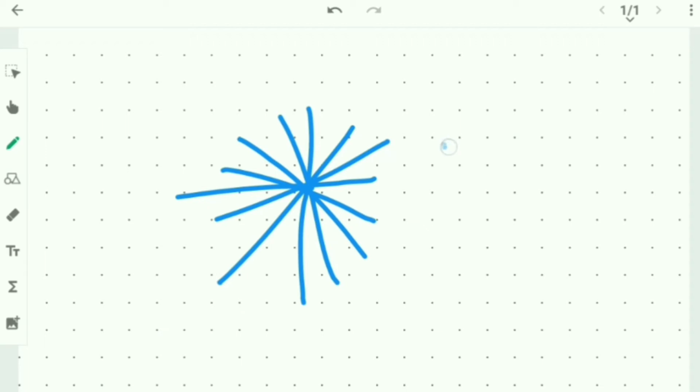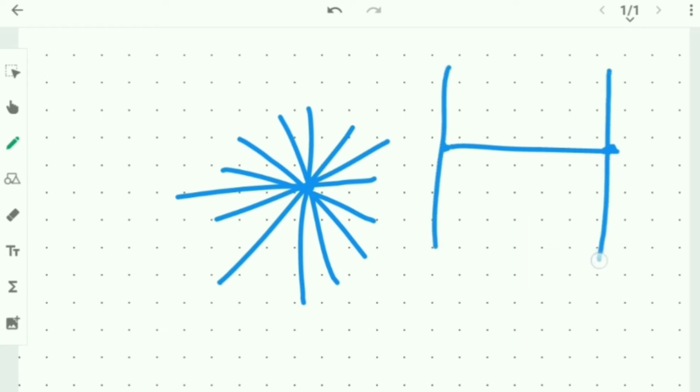For two given points, only one single line can be drawn. A line cannot pass through this point and also this point in more than one way. So only a single line can pass through two given points. Okay.